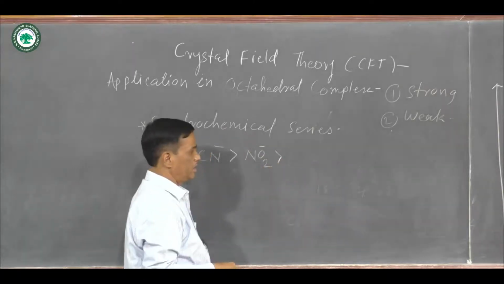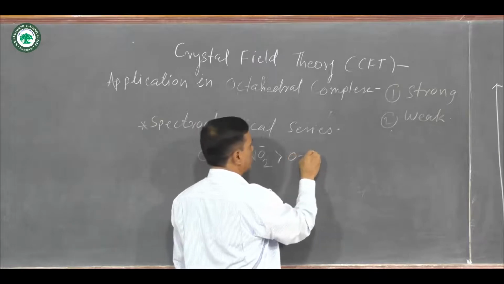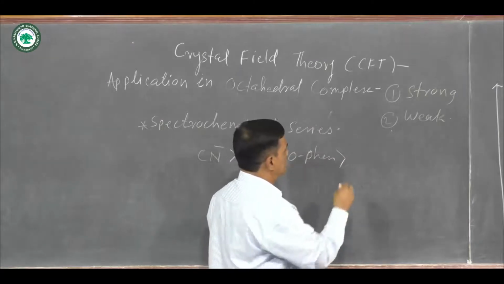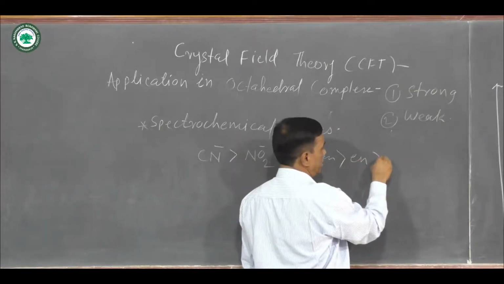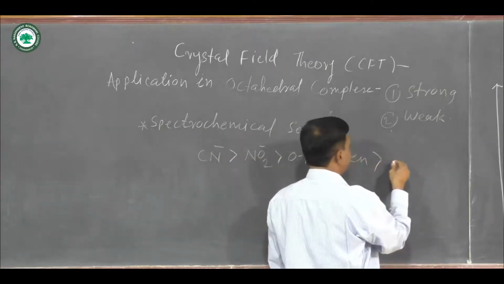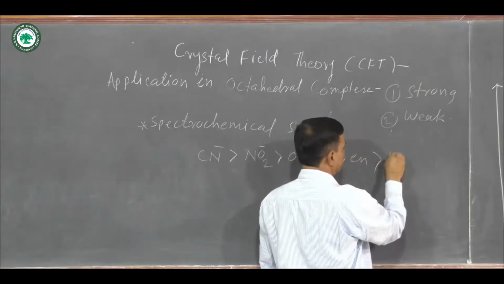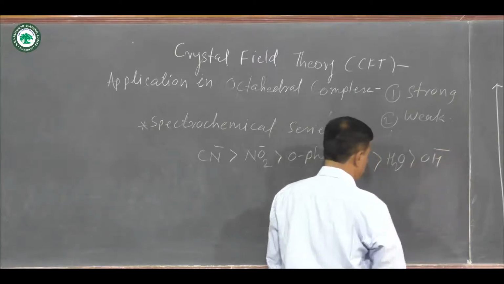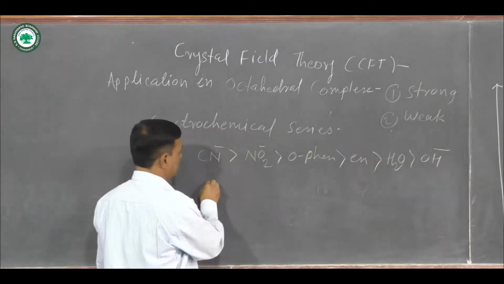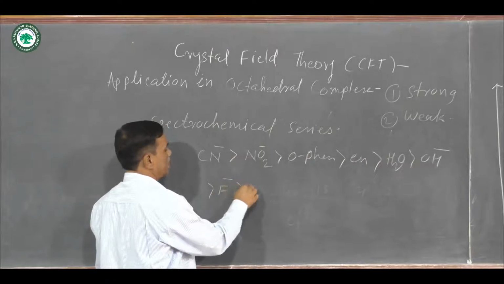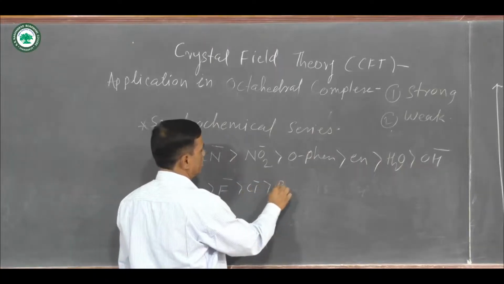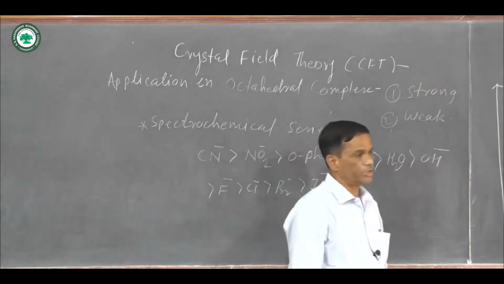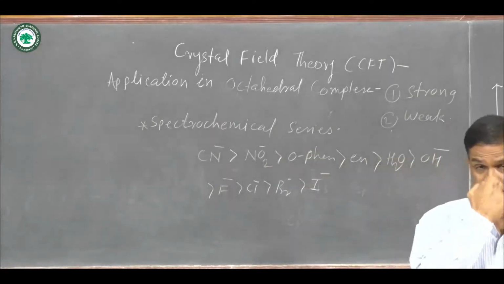It has a higher energy as compared to the orthophenanthroline, then ethylenediamine, then the water molecule, then OH minus. Then fluoride, chloride, bromide and iodide, and that series is known as the spectrochemical series.